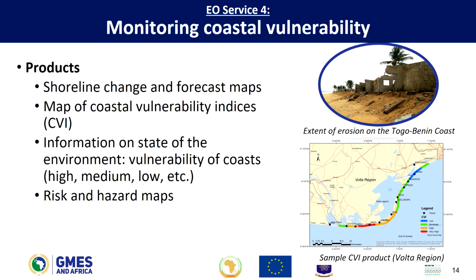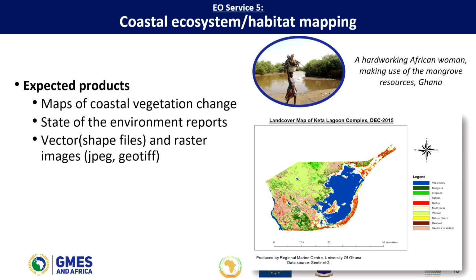And this product is given to managers to be able to focus their attention on those places that are very vulnerable to protect the coast. The fifth service uses also satellite data to generate maps of changes in coastal vegetation, mangroves, so that you know which areas are being well affected, and then for management decision to be taken.